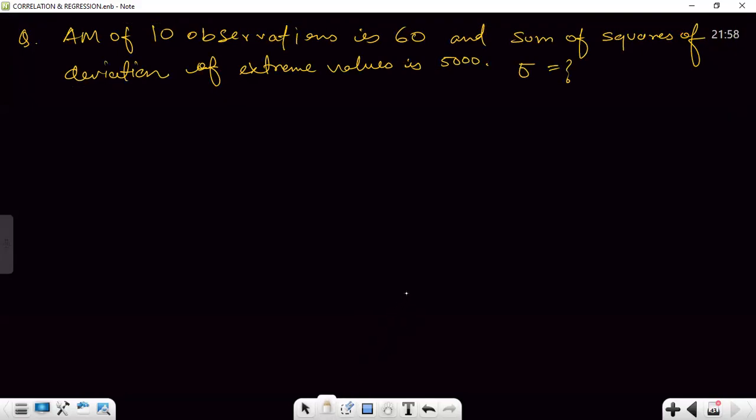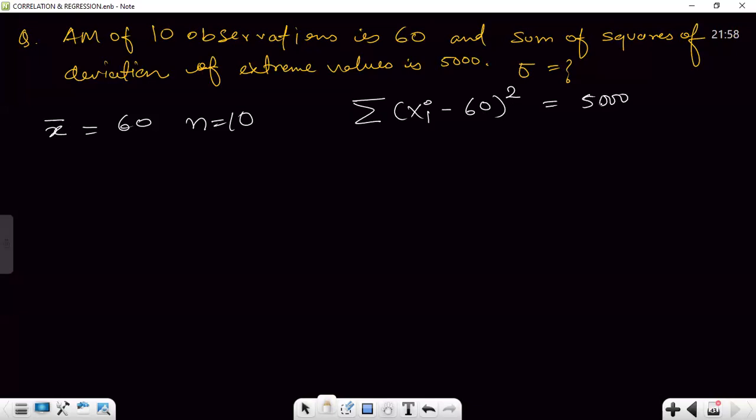Okay, so what do we have? The mean is 60, and the sum of squares of deviation of extreme values, xi minus the mean, is 5,000.